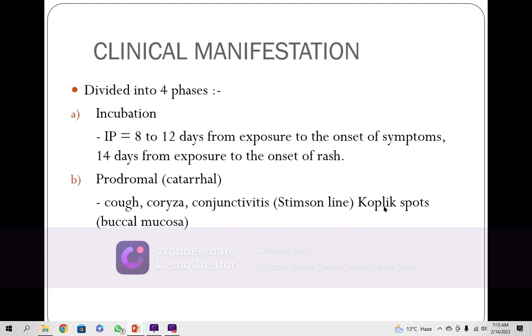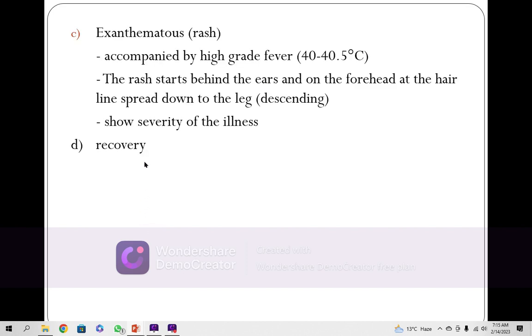It is very near to the second or third molar, opposite in the buccal mucosa. Exanthematous rash, it is accompanied by the high-grade fever. It is about 101 to 103 degrees Fahrenheit. The rash starts behind the ears first. This is an important point.